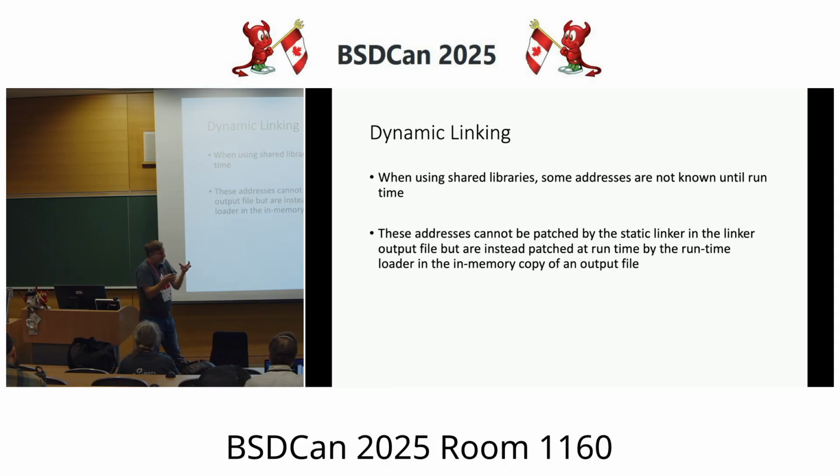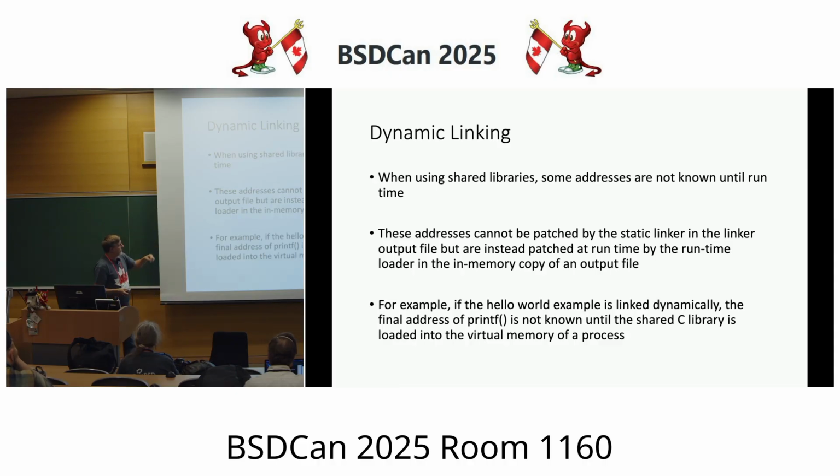And so those addresses can't be patched by the static linker because the static linker doesn't know what they are. They're not available. Instead, the runtime loader has to handle patching those addresses in some way so that the program can run. And so instead of being patched in the file that ends up on disk, we have to patch those every time we create a process and run your program, on the in-memory copy.